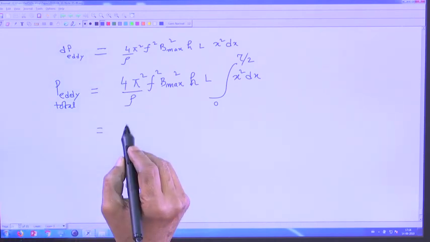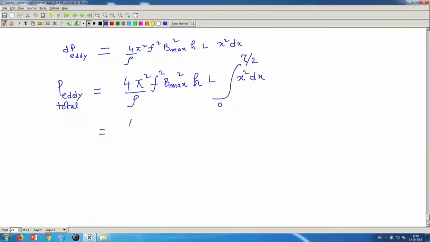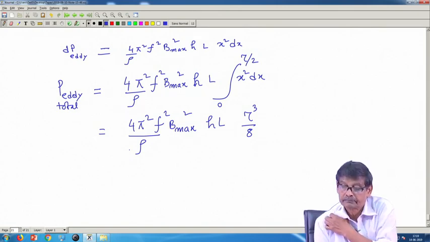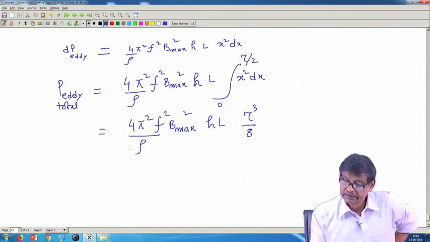So, the next step is straightforward. What you do is, 4 pi square f square B max square H L x cube by 3. So it will be tau cube by 8 minus 0, and this is by rho. Is that correct?